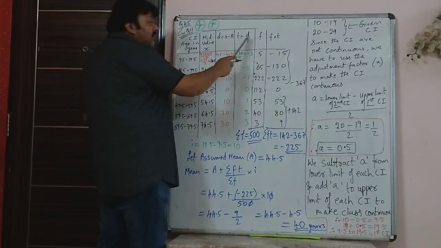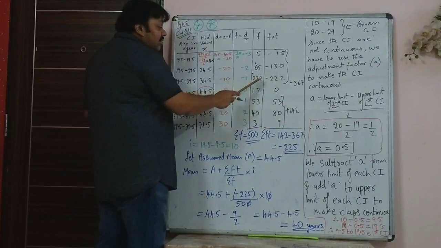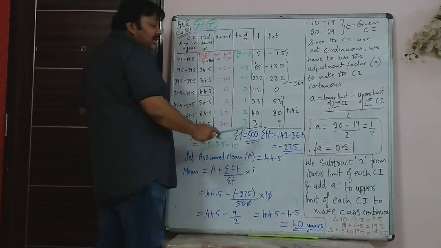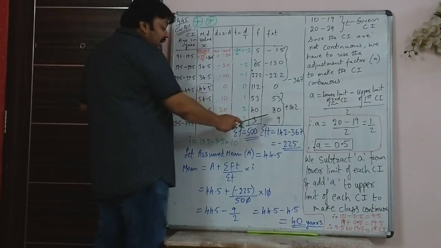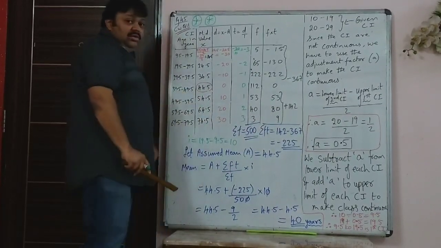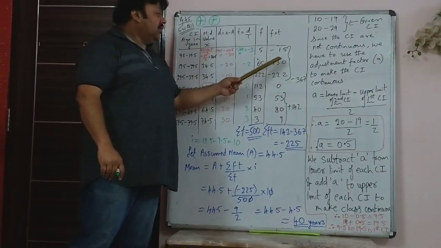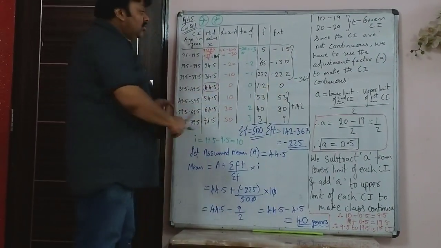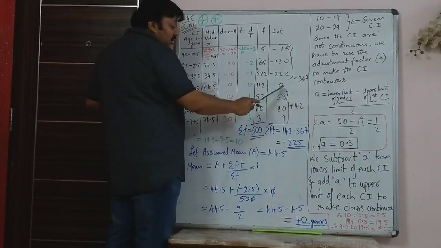So next is f into t. Minus 15, minus 130, minus 222, 0, 53, 80 and 9. So when you add, sigma f t is what you want. The negative terms when I added, I get minus 367.